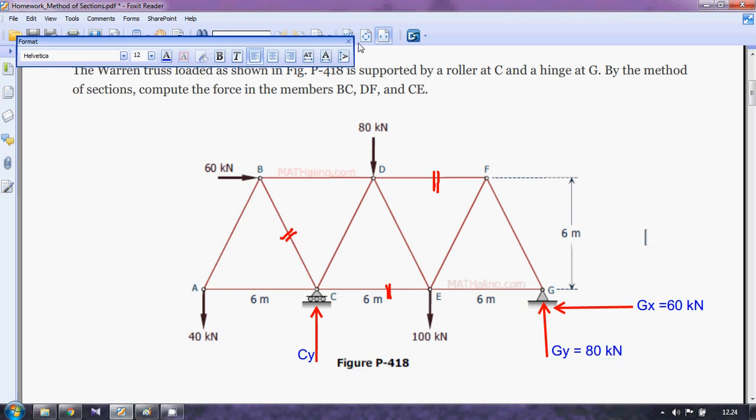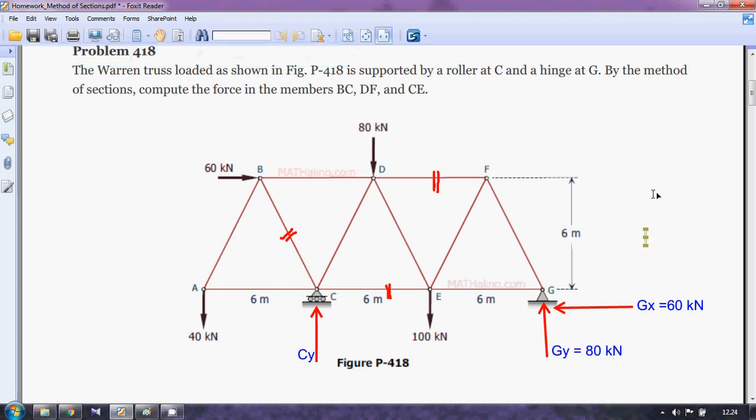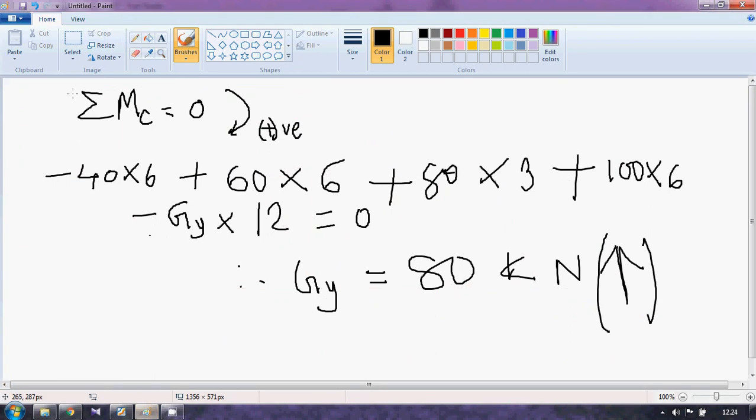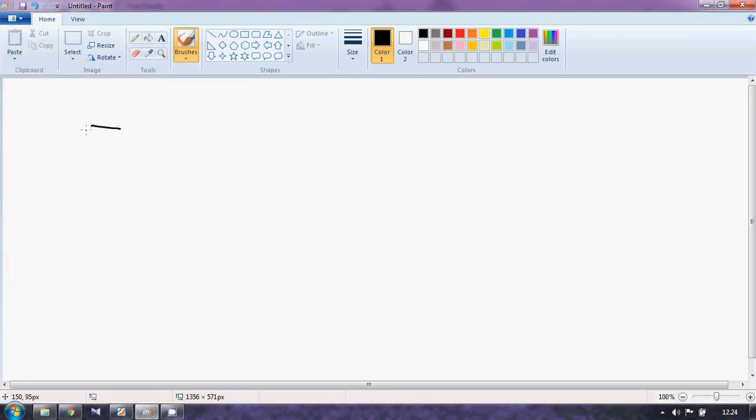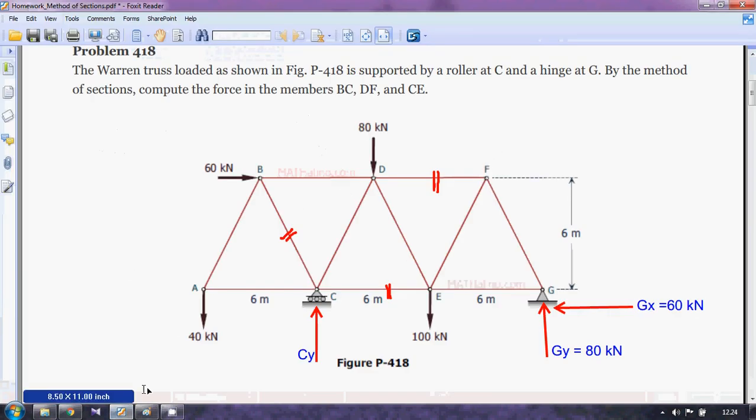Good. Now, in order to determine the value of Cy, I have to use summation Fy equals to 0, and I will take positive in the upward direction. Actually, you don't need to do any calculation right now because it can be calculated very easily. How?